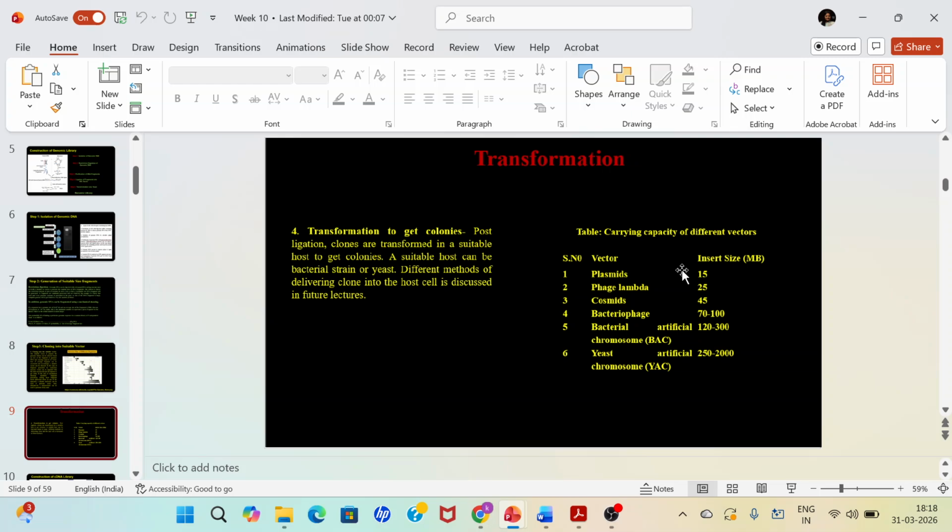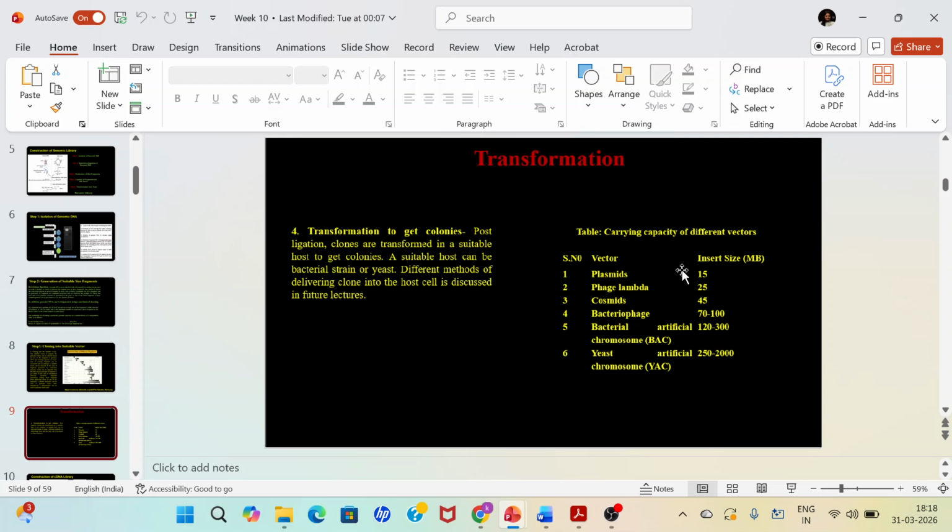So transformation is where the post ligation clones are transformed in a suitable host to get the colonies. Again, as I told you, depending upon your requirements, that is, what you are supposed to do after cloning, like protein purification, or you want to check some kind of interaction or something, you choose accordingly what kind of cells you want, what kind of vector you want.